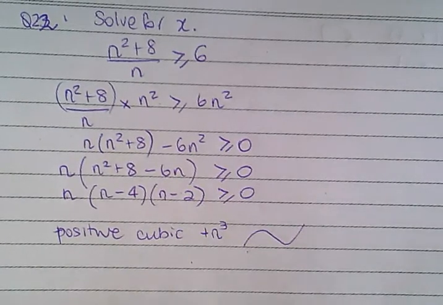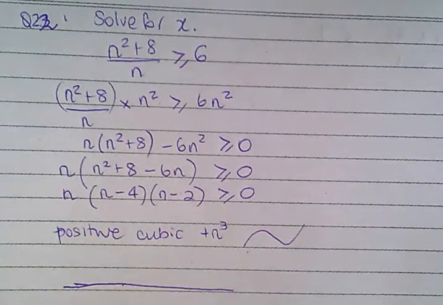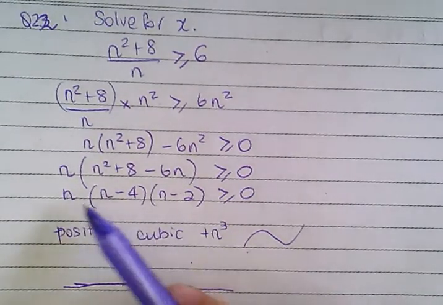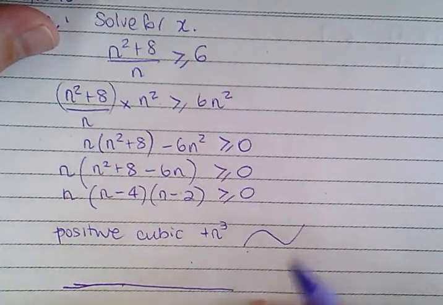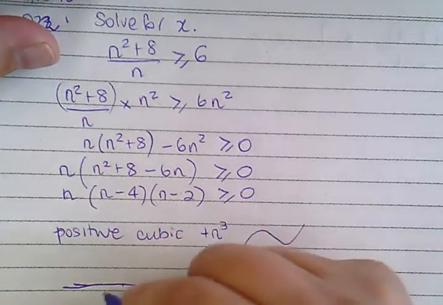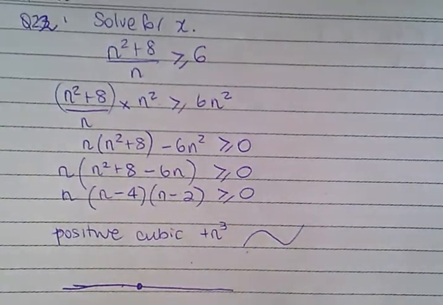But in case you forget what it looks like, we can test it. Remember, I want to put this equal to 0 and plot the points on the number line. So if I put that equal to 0, what are my roots?